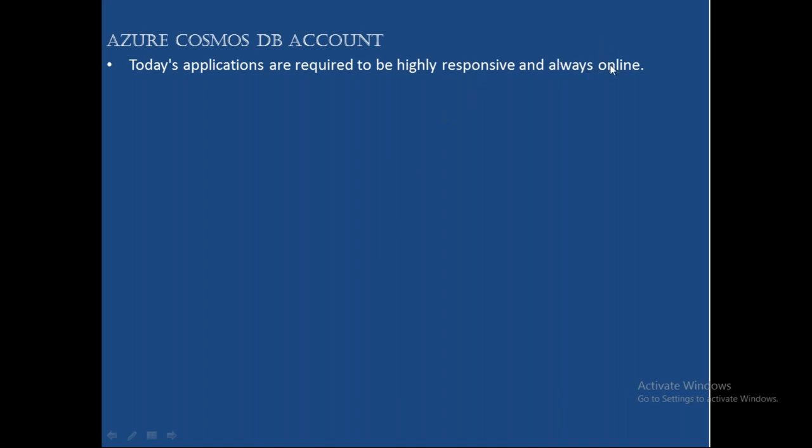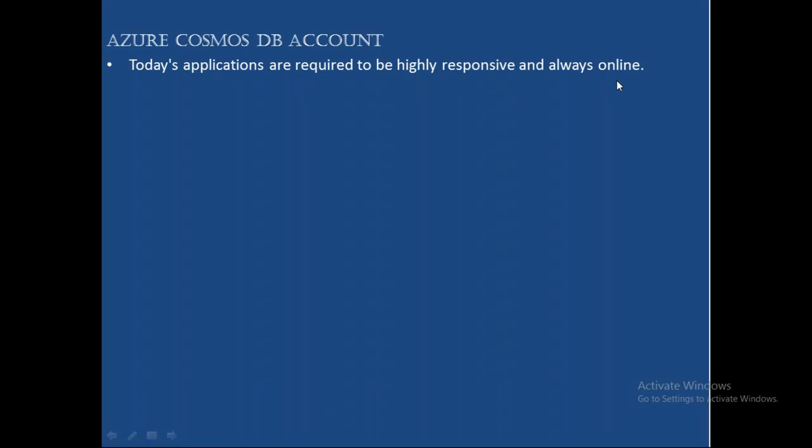If these two cases happen, you are going to lose business. That's why today applications are required to be highly responsive and always online. Highly responsive means when somebody accesses it, it should respond very quickly. Then it should be always online. If it is available, then only it will give the response.